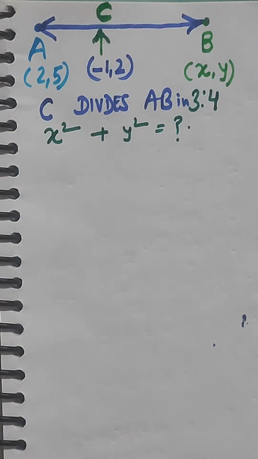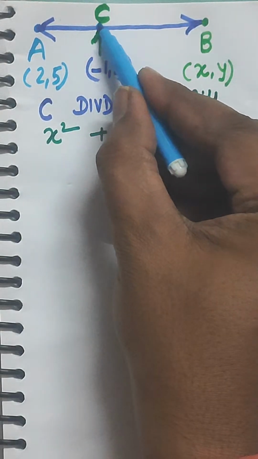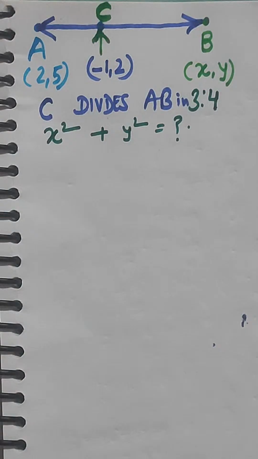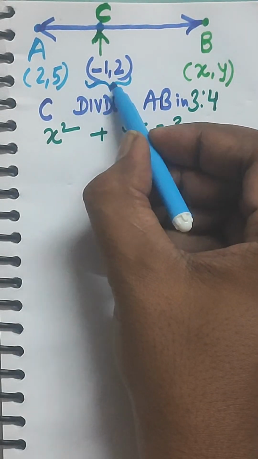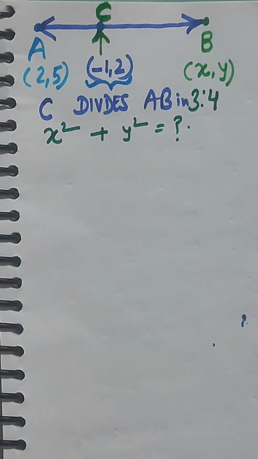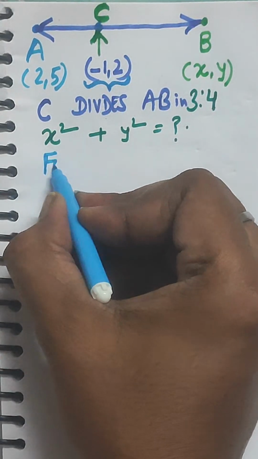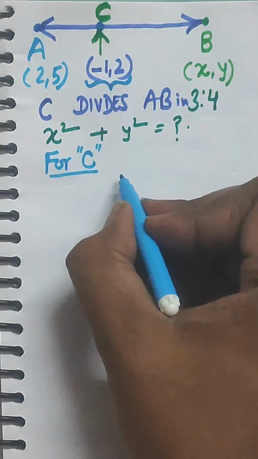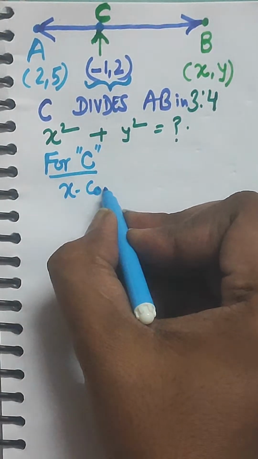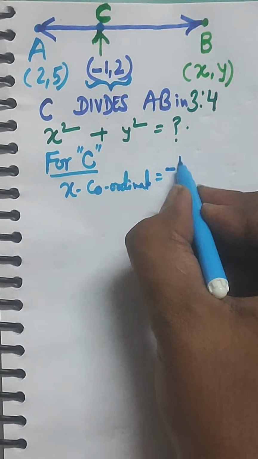Now students, into this question you can see when any point is dividing the given line, and the coordinates of the line's ends are given to you, then we can easily calculate the coordinates of that dividing point by simply putting the x and y coordinates in this fashion. I am writing for C, the x coordinate is equal to -1.